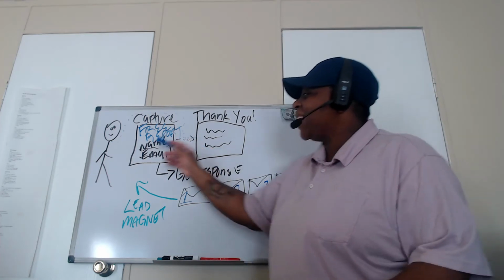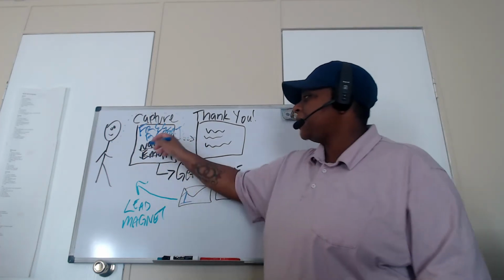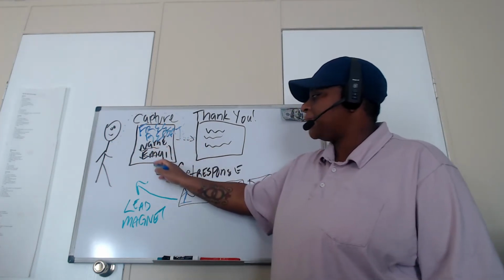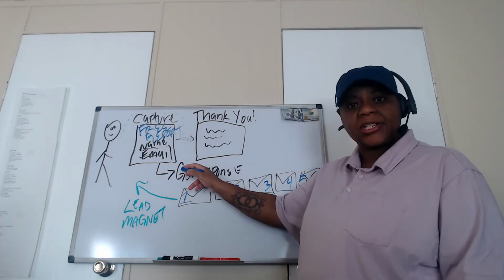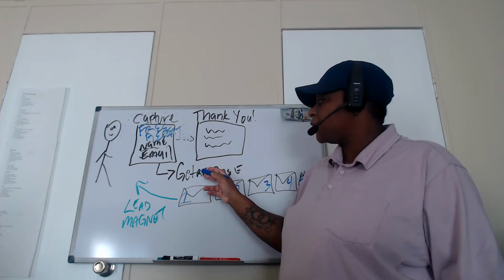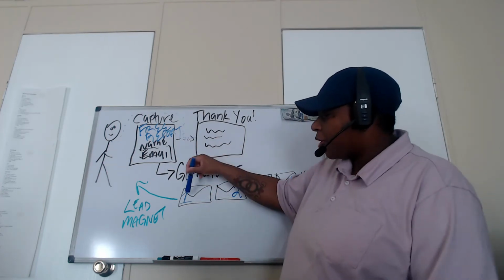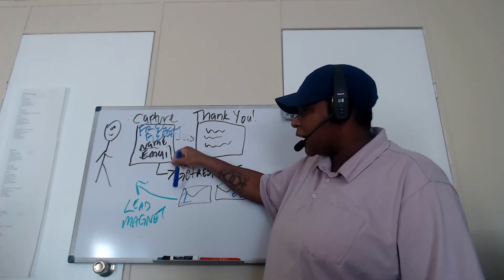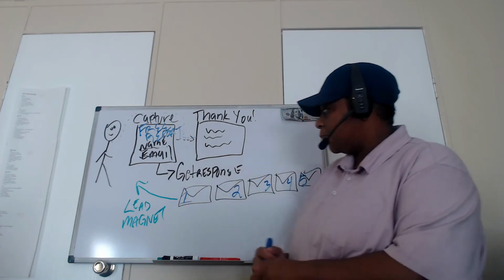And then simultaneously, their name and email address will drop down into the email list, and we're going to be using GetResponse, because it's super easy to use. Then what will happen is that first welcome message, and we'll put this down here.